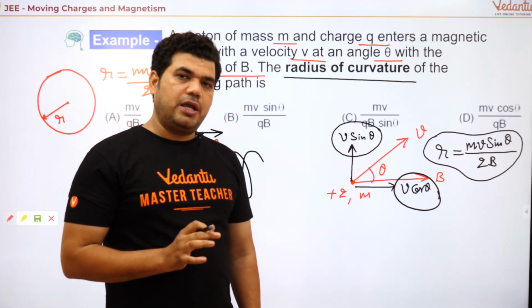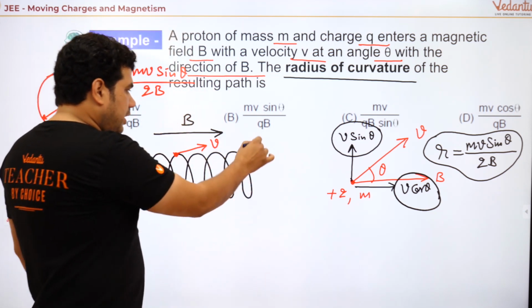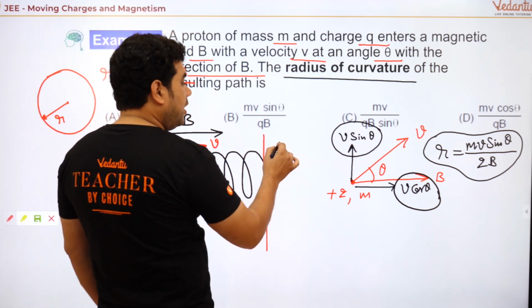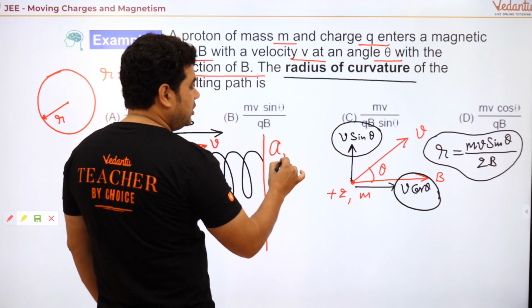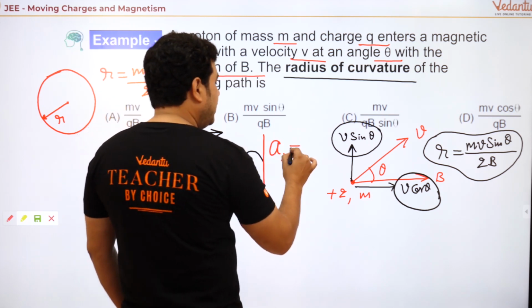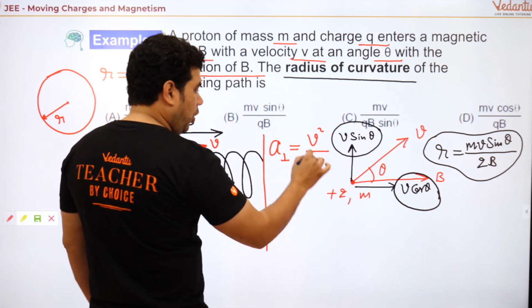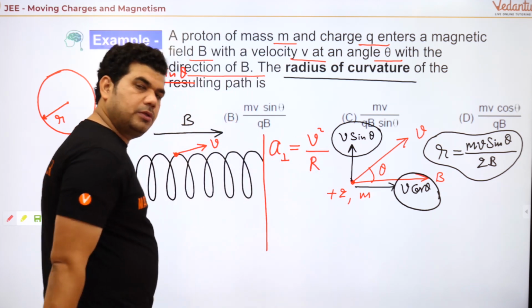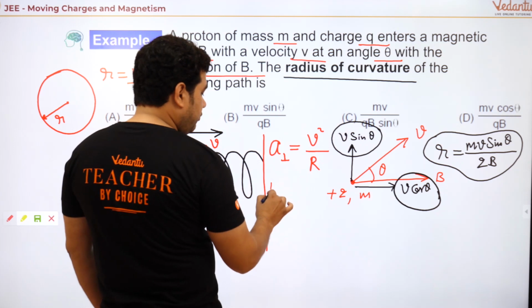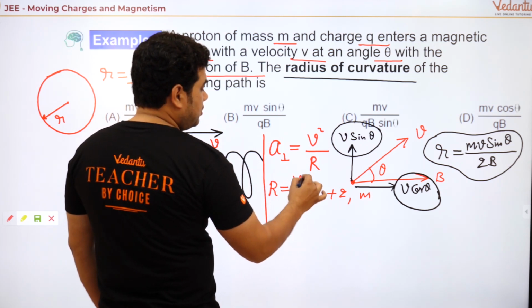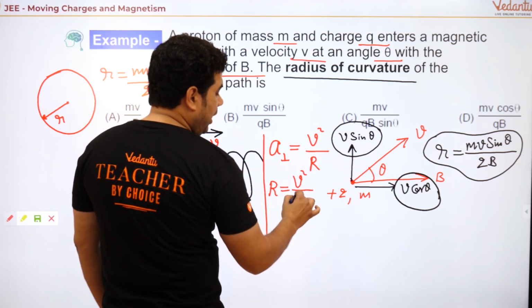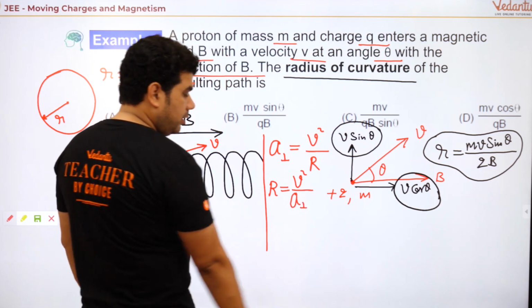For radius of curvature, you have to remember that centripetal acceleration, which is perpendicular, is equal to v square upon r. So radius of curvature we can say is v square divided by a perpendicular.